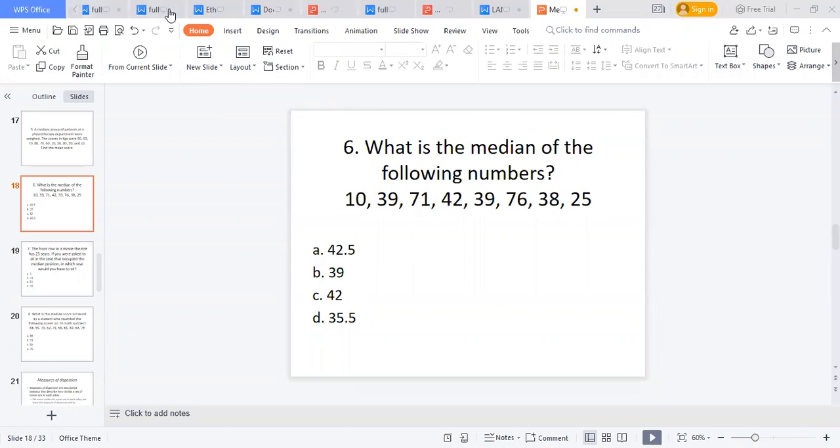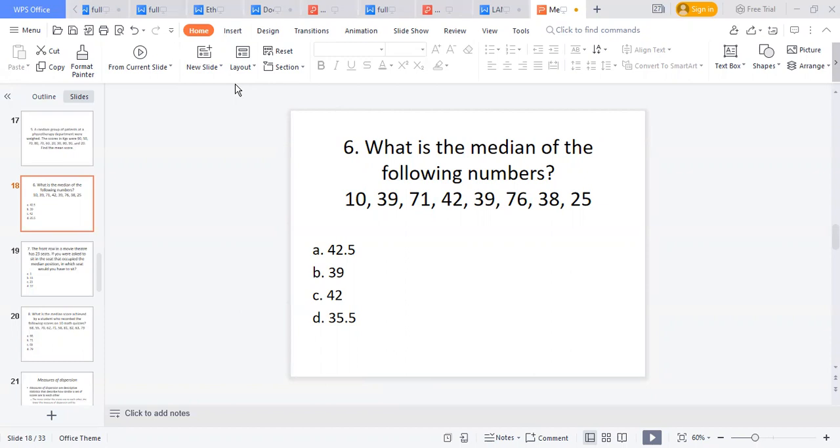What is the median? Karo says B, and yes, it is B. Mwanga says B. B, correct.